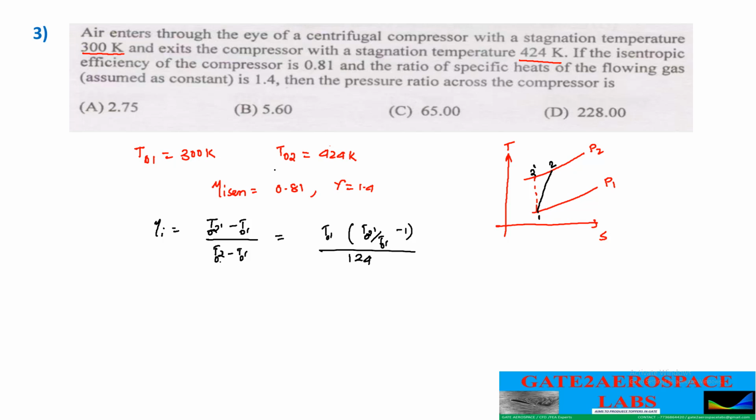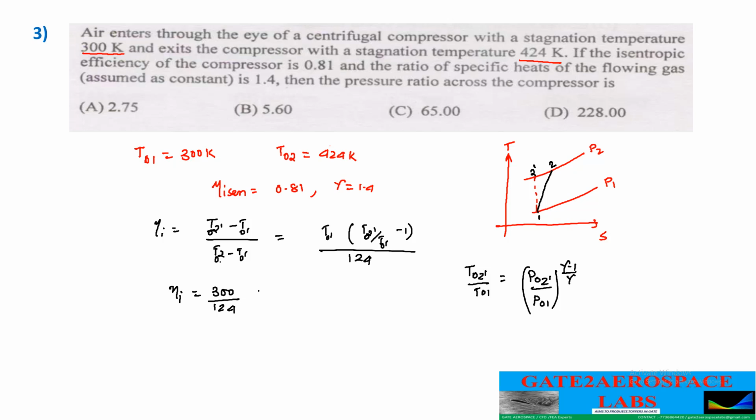From this data you can find this 124 Kelvin, and T01 is 300 Kelvin. In the next step we will substitute those values. This is 300 divided by 124, and we know that T02 dash by T01 will be equal to P02 dash by P01 to the power gamma minus 1 by gamma.